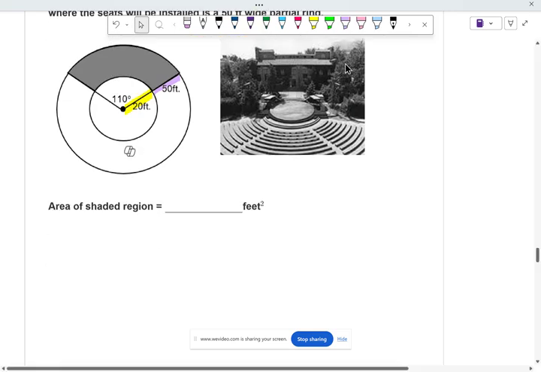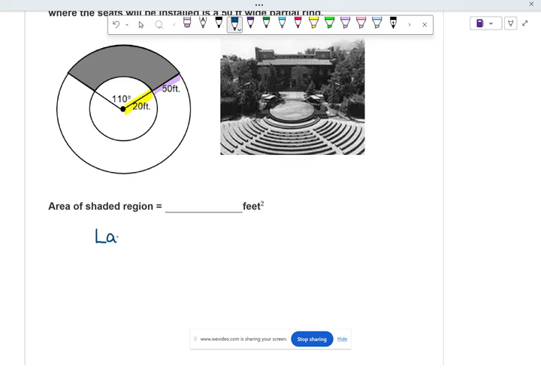All right, to do that, we're going to find the area of the larger sector minus the area of the small sector. All right, so for the large sector, here's what we're looking at.